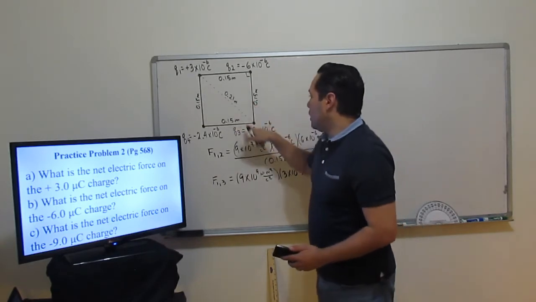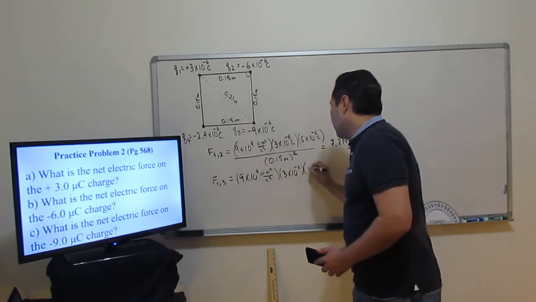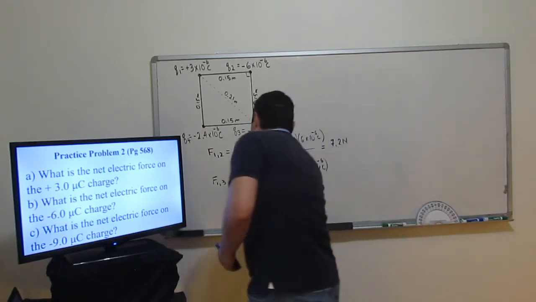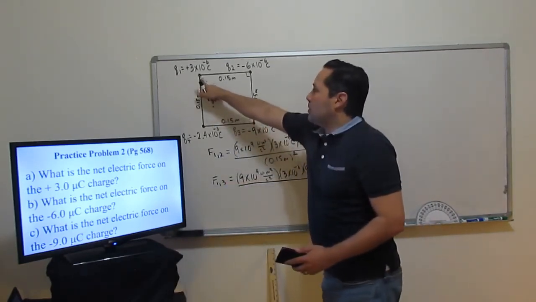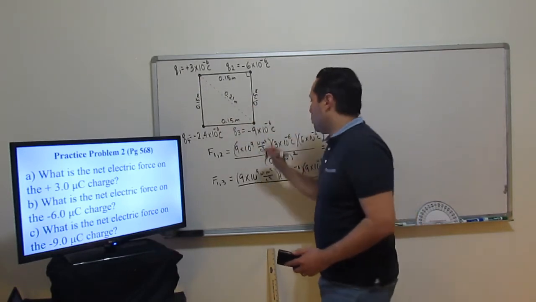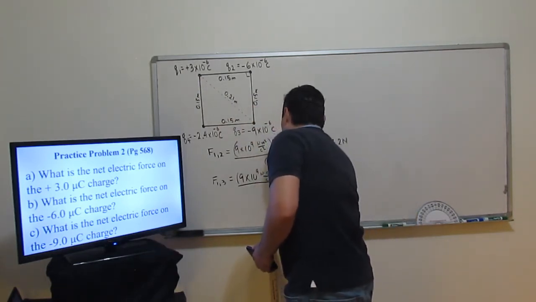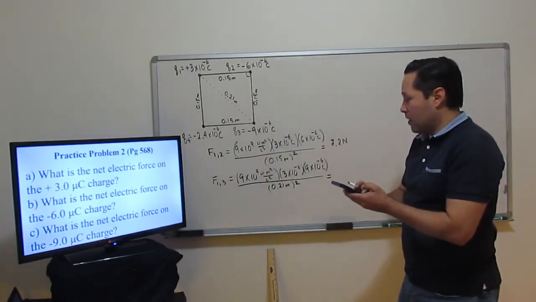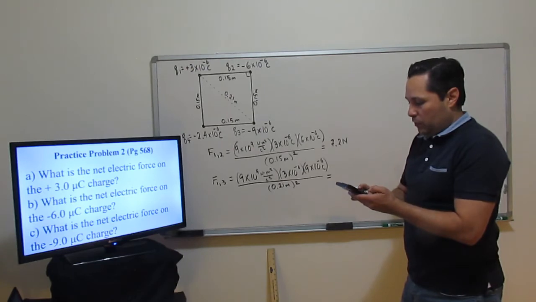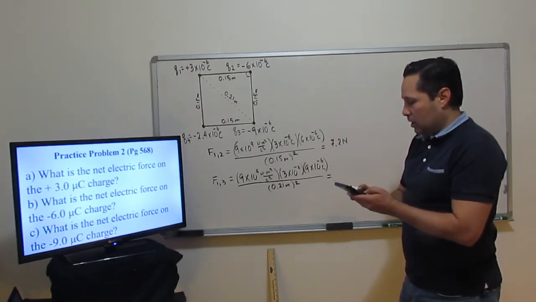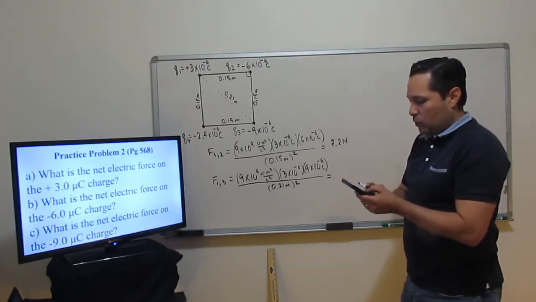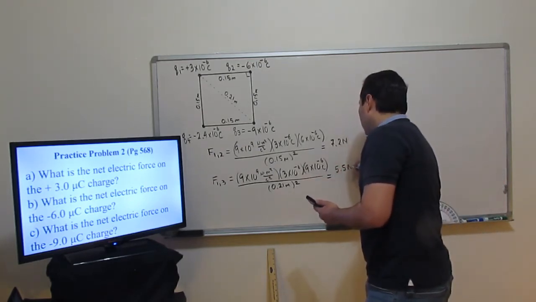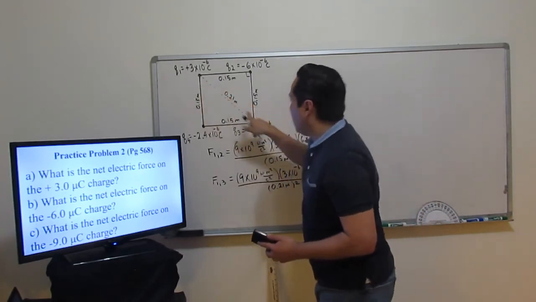What we're changing is charge number 3, which is 9 times 10 to the negative 6, all of it divided by the distance between 1 and 3, which is 0.21 meters, squared. So the answer is 9 times 10 to the 9 times 3 times 10 to the negative 6 times 9 times 10 to the negative 6 divided by 0.21 squared. The answer is 5.5 newtons. That's the force between 1 and 3.